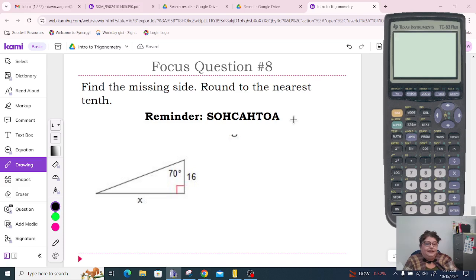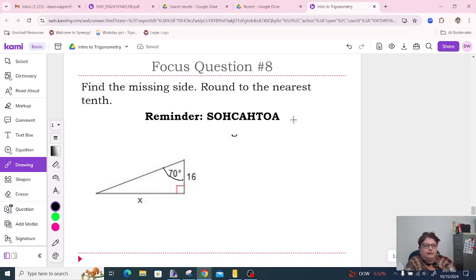No, sorry. So let's do number 8 together. Finger on the 70. Give the triangle your finger. Put your finger on the triangle. The opposite is X. So the opposite of 70 is X. So that's opposite.